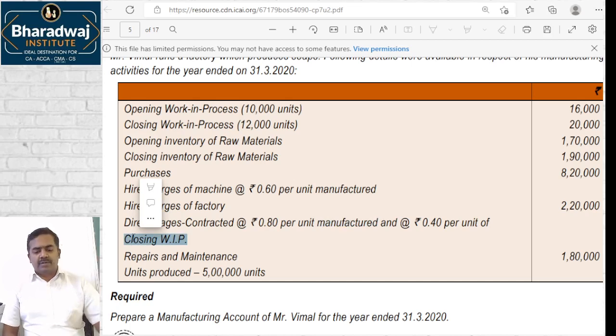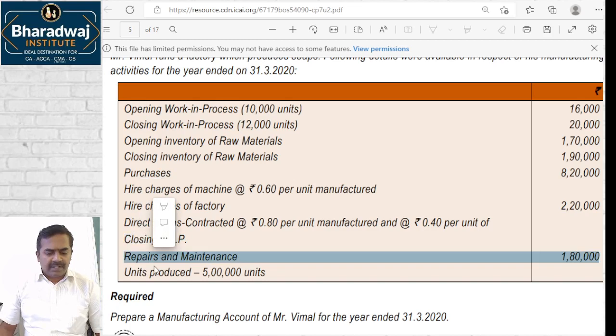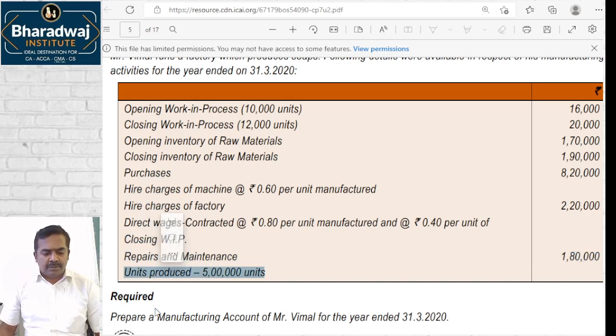For manufactured goods we pay 80 paise per unit; for semi-finished goods, closing WIP, we pay 40 paise per unit. Repairs and maintenance charges and units produced are given. Prepare which account? Manufacturing account.